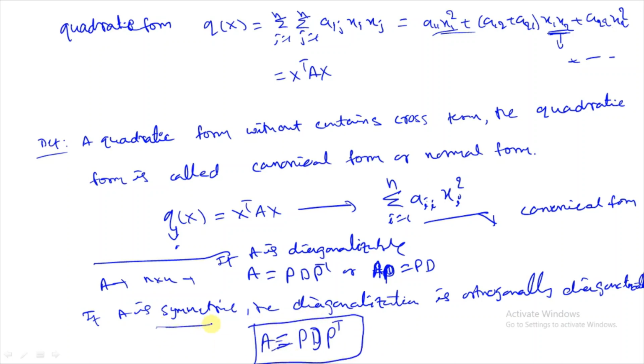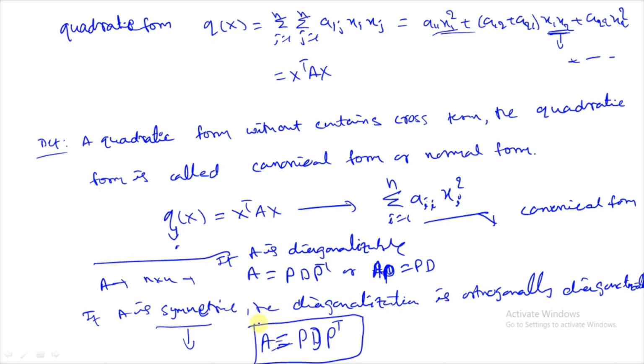Because for a symmetric matrix, eigenvectors corresponding to distinct eigenvalues are mutually orthogonal. We can write orthonormal vectors by normalizing each eigenvector.